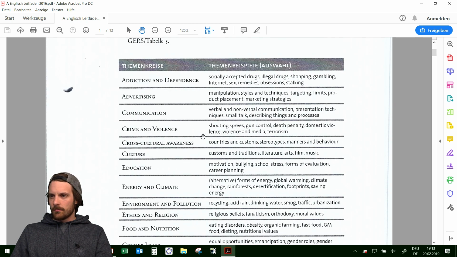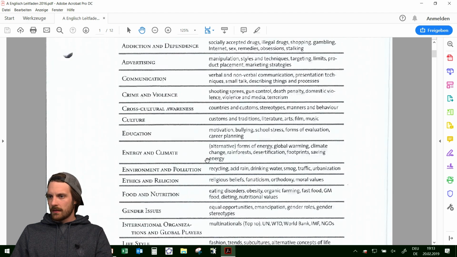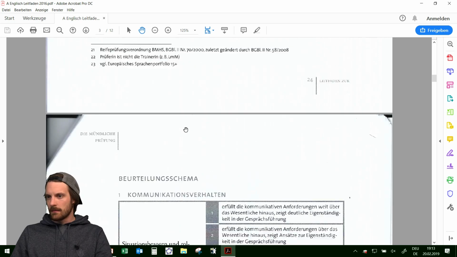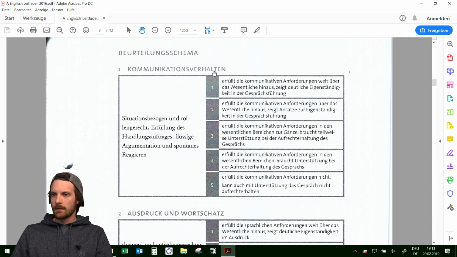So there are different topics, culture, education, and so on, but now here are the criteria, Beurteilungsschema, of which the first one is all about communication, and the first number here labels the best, and 5 is the worst, actually.